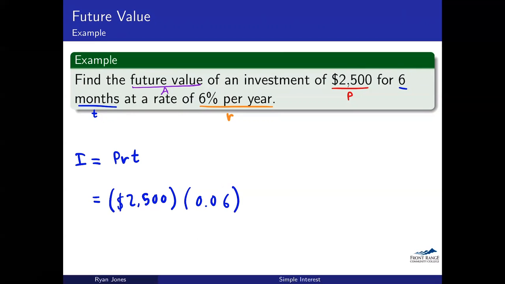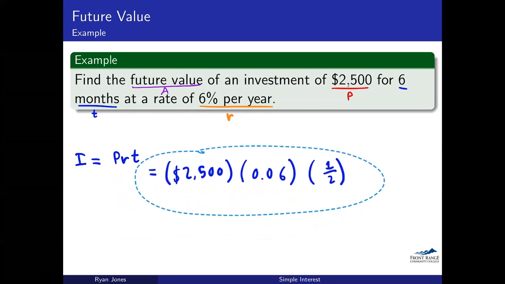The reason is because this interest rate is almost always given in terms of an interest rate per year. And so in general, our time is going to be in units of years. So I do not want to put a 6 there. That's bad because that's 6 months. What I actually want to do is say to myself, hey, 6 months is half of a year. And so I would put 1/2 in for my time right there.